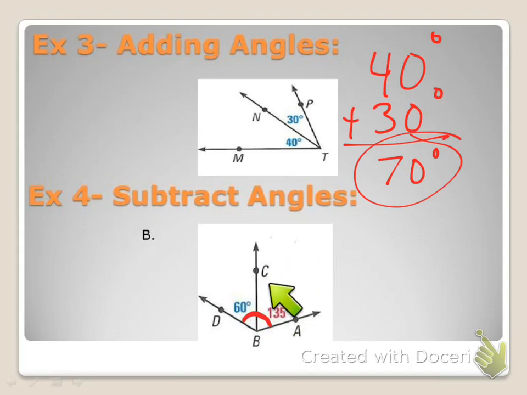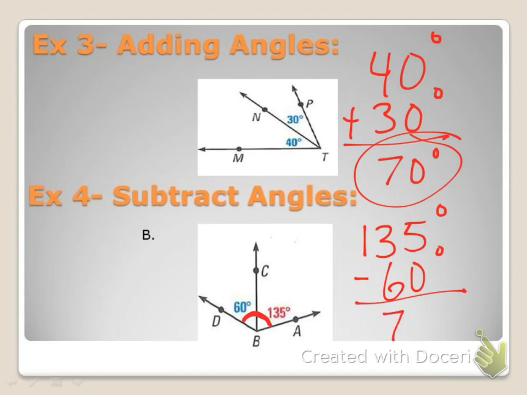So if you're given the whole measure and then this little chunk's going to be taken out, all we have to do is subtract. Good. So we're doing 135 degrees minus 60 degrees. Anybody have it? 75 degrees. 75 degrees, very good.